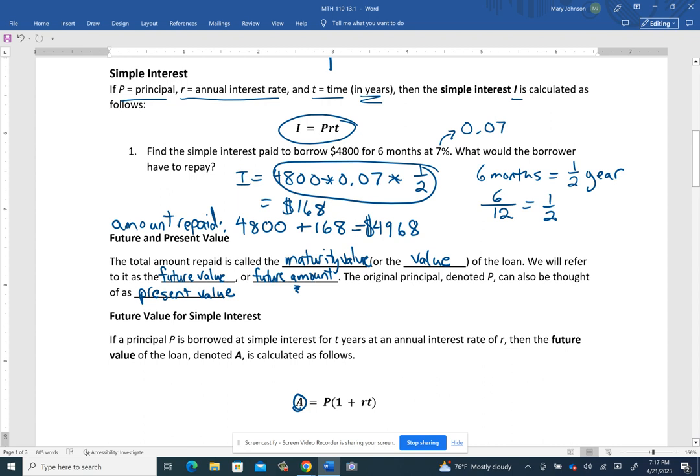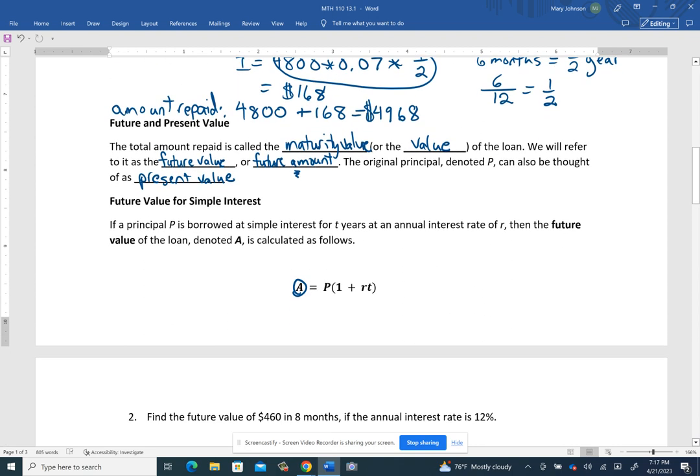Okay. So here's the formula that would have allowed us to get the total amount repaid in one step. If P is the principal and you borrowed this money at an interest rate R for T years, and it was a simple interest situation, then you can determine the future value, or the future amount you'd have, by using this formula.